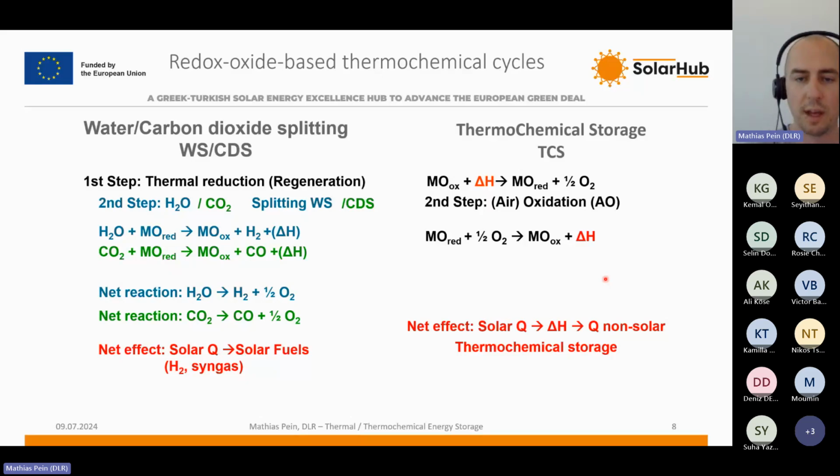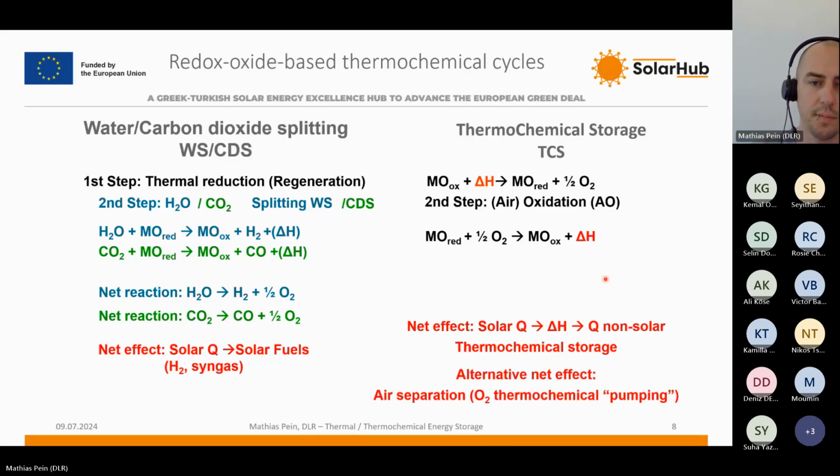So when you break it down, about 70% of the overall storage capacity is still sensible, and then just the 30% of extra energy that you can store is stored as chemical potential. But yeah, and then if you want to use it, you can run these storage devices also as air separation units.